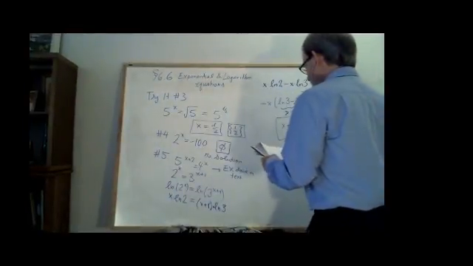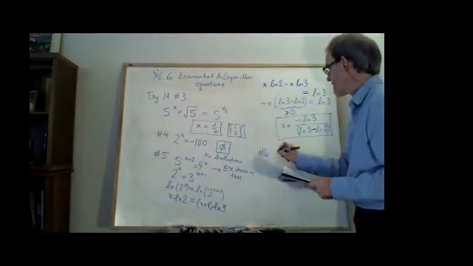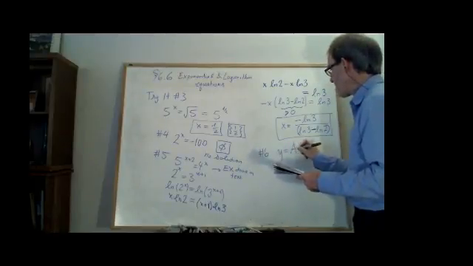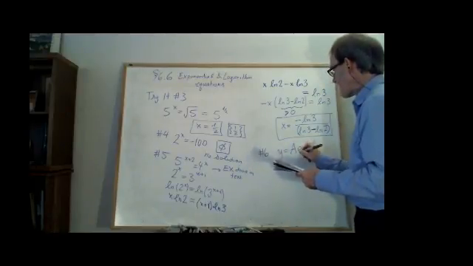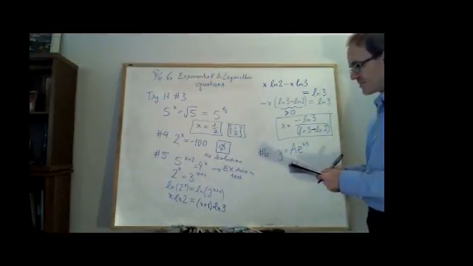Try it number 6. Okay, so this has to do with equations of this exponential form. y is equal to a e to the power k times t. All right.